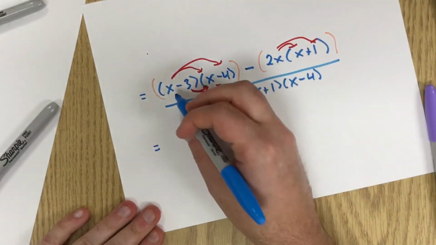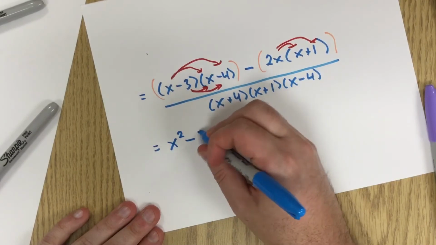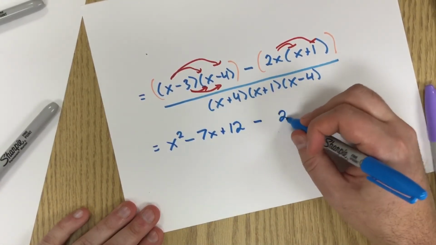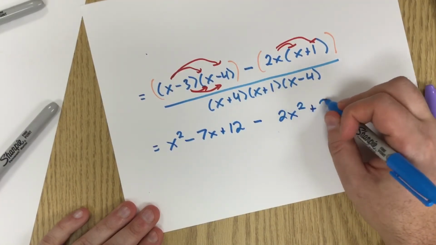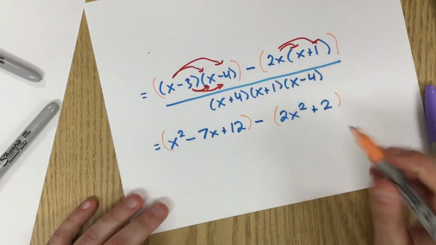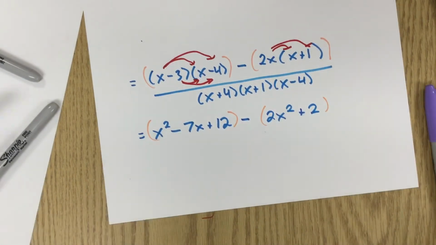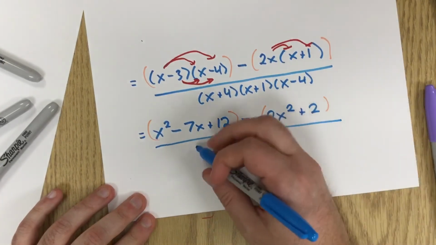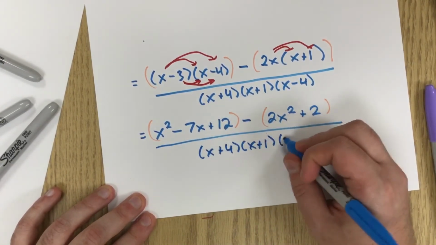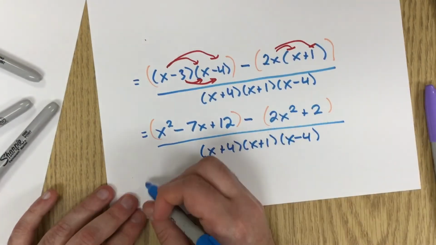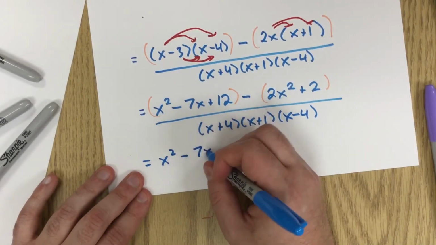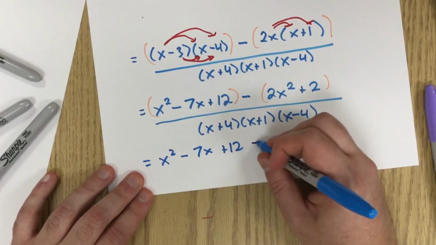So actually going through it all, we're going to get x squared minus 7x plus 12 minus 2x squared plus 2 in their brackets, all over (x plus 4)(x plus 1)(x minus 4), which is equal to x squared minus 7x plus 12 minus 2x squared.